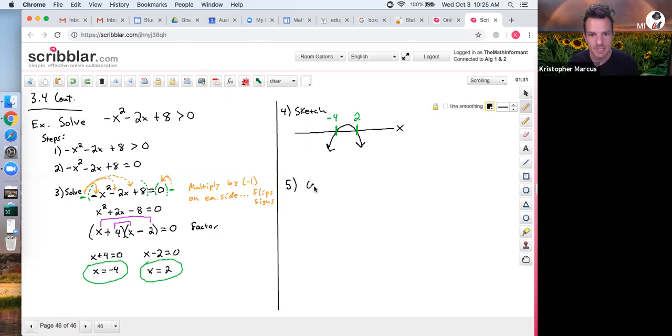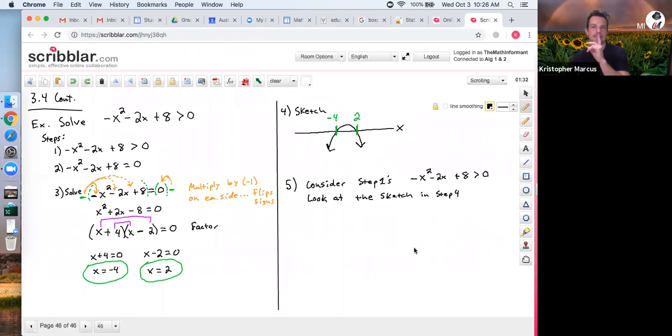So consider step number 1's inequality: -x² minus 2x plus 8 needs to be bigger than 0, and then go look at the sketch that we did in step 4.